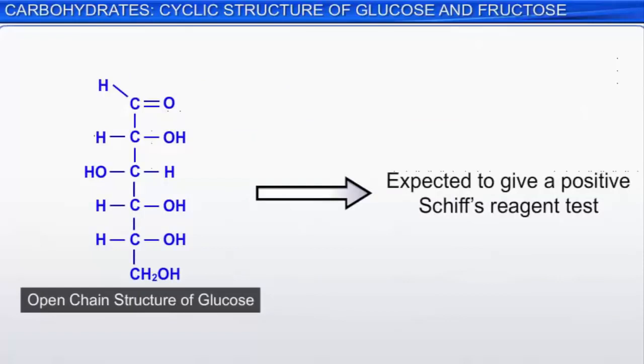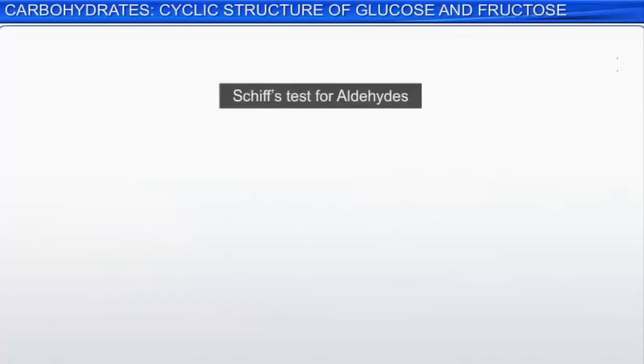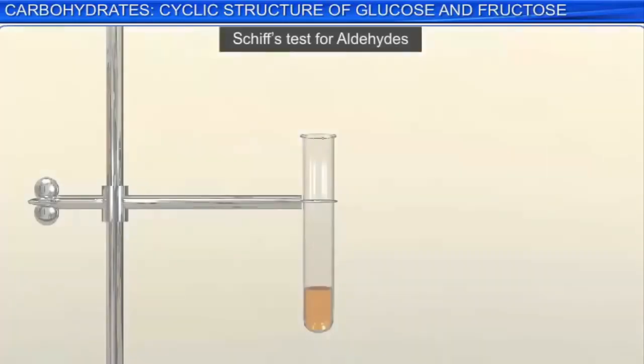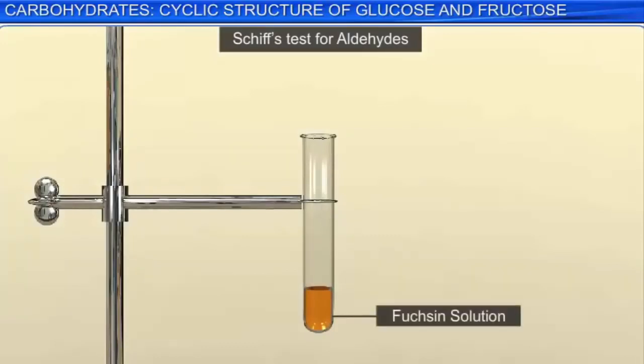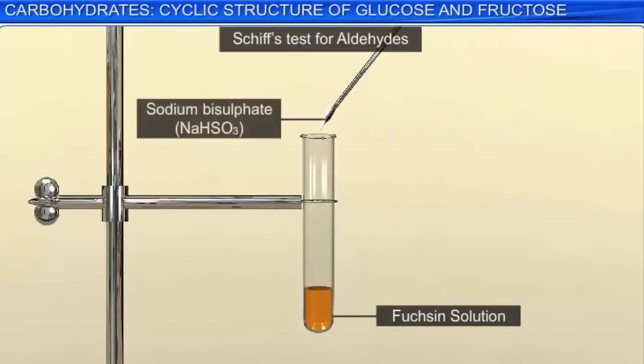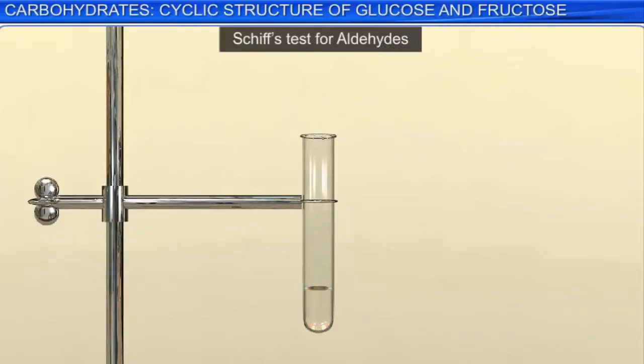However, it doesn't. Note that in Schiff's test, an orange-colored solution of fuchsin is prepared and then decolorized by reacting it with sodium bisulfite. If an aldehyde is added, such as acetaldehyde, then the solution will turn a vivid purple.